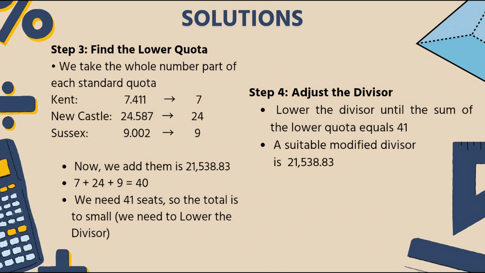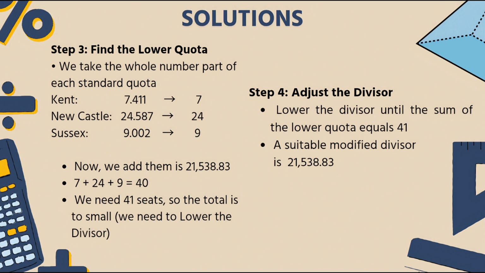Sussex 9.002 becomes 9. And now we add them: 7 plus 24 plus 9 is equal to 40. We need 41 seats, so the total is too small. We need to lower the divisor.